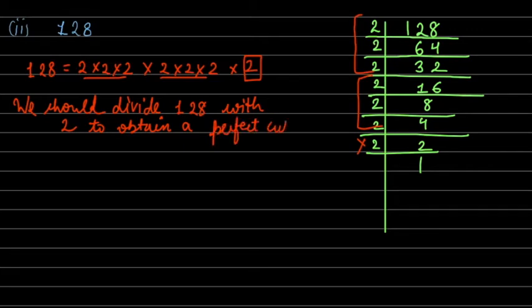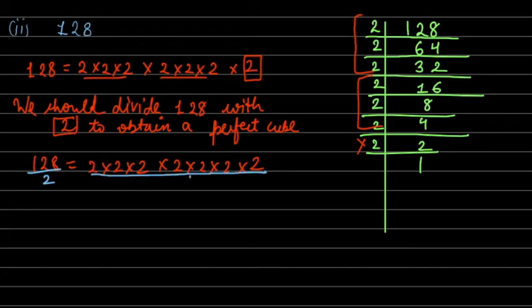I'll show you how. Your factors of 128 are 2 into 2 into 2, then another 2 into 2 into 2, and a 2. I said that you have to divide the given number by 2. So if you divide both the sides by 2 here, this 2 is cancelled and this becomes 2 6s are 12 and 2 4s are 8.